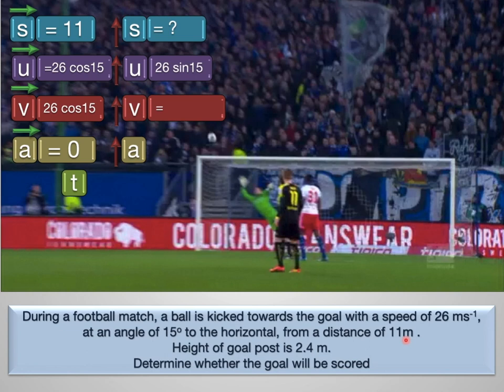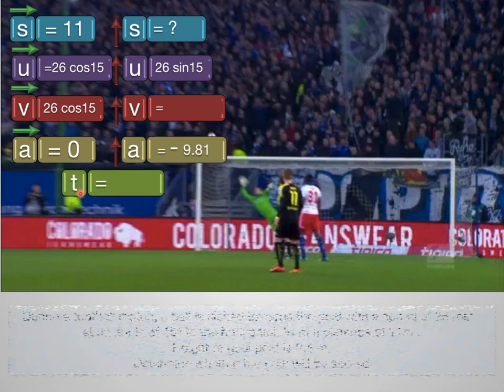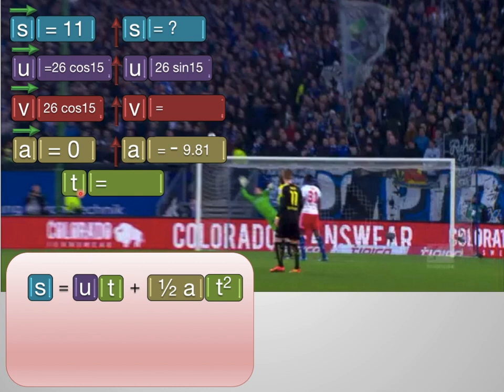Acceleration, horizontally it's 0 and vertically it's minus. Because the initial upward velocity I have taken positive, I have to take downward acceleration as negative. And the time I am going to calculate now. And the only equation in the horizontal direction is s equal to ut. And acceleration is 0.